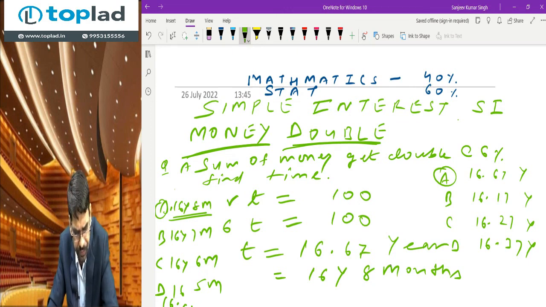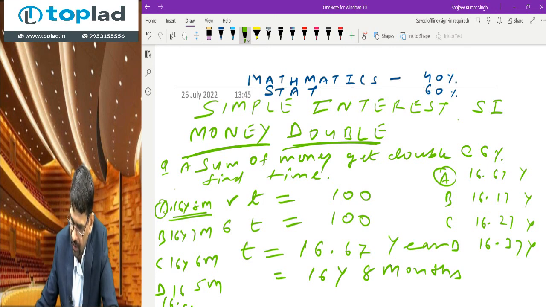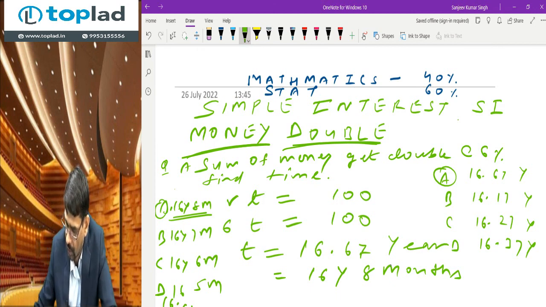So today we have discussed a very important concept. Very important questions from this chapter: at least 3 questions are asked from this chapter.